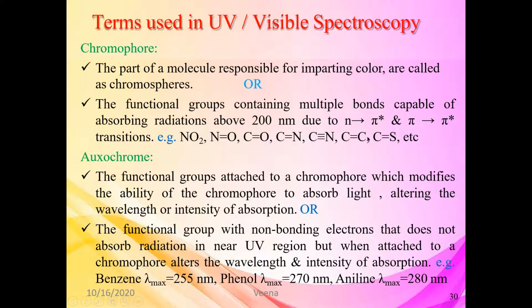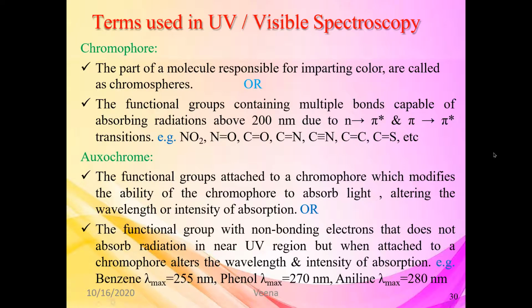So look at these functional groups. They have invariably the double bond. Along with that, there are non-bonding electrons except C=C. Hence, all these functional groups exhibit n to pi star transition and also pi to pi star transition when they absorb UV light, except this one which gives only pi to pi star electronic transition.